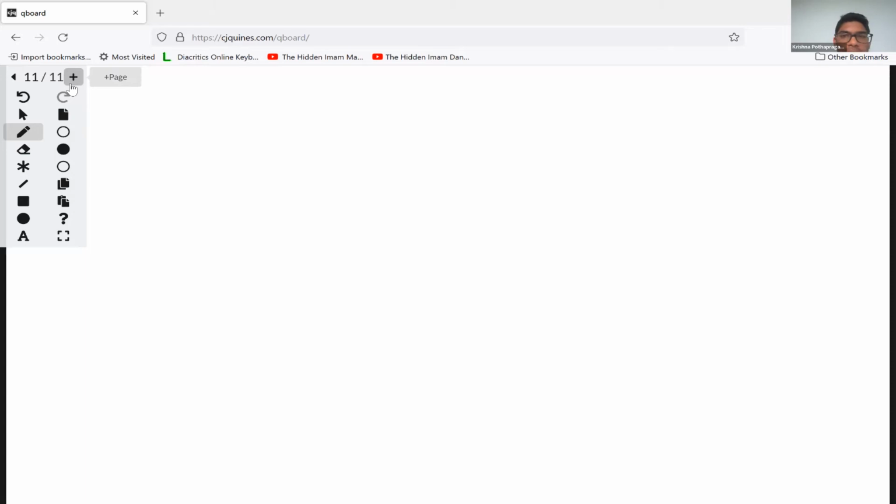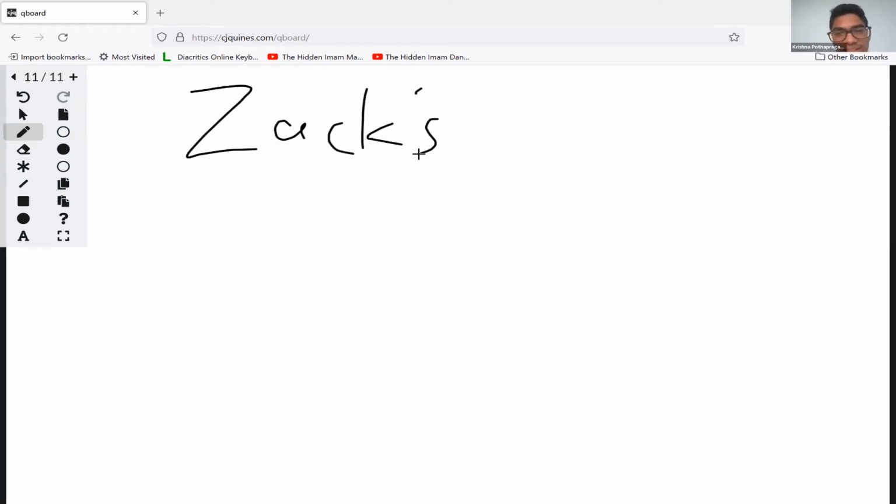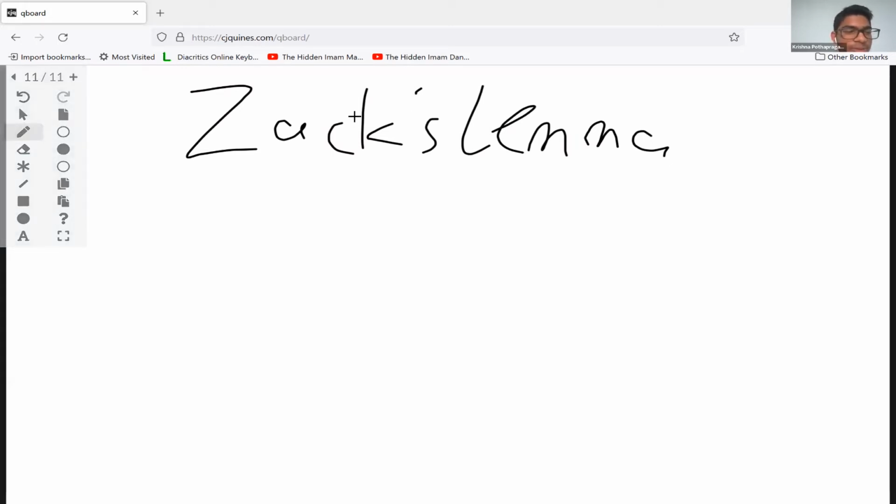So the first idea and the most important idea is what is called Zack's lemma, based on Zack, who helped create moving points many, many years ago. I think maybe 4, I don't know.